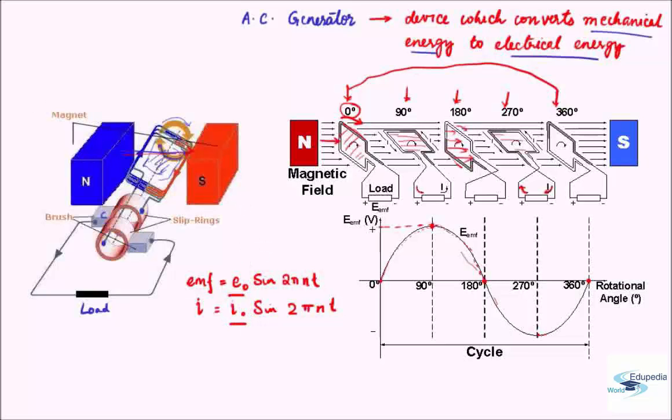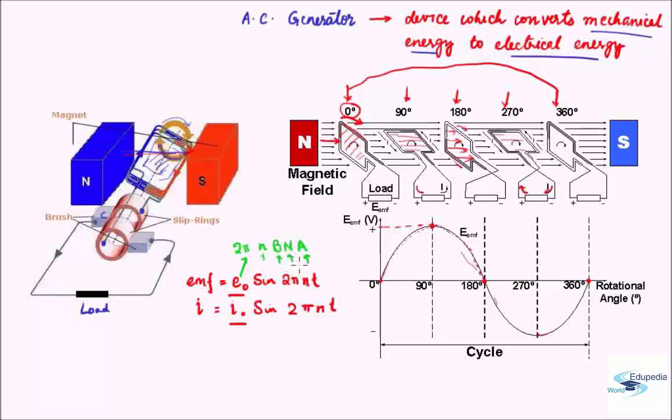You need not know this, but just for sake of completion, E naught is basically equal to 2 pi n N B A, where n is number of revolutions per second, B is the magnetic field, capital N is the number of turns in the coil, and A is the area of cross section.